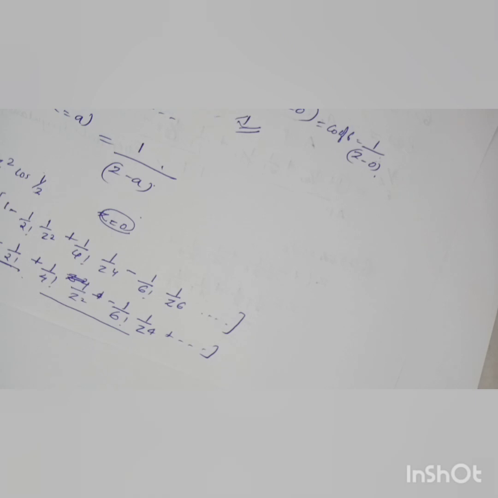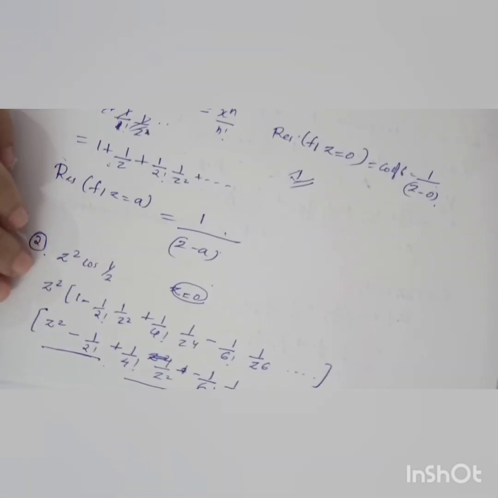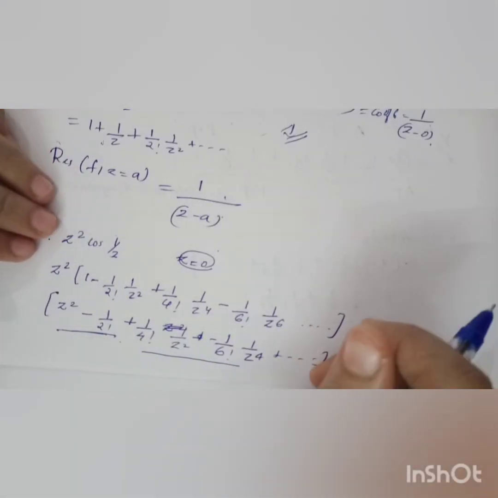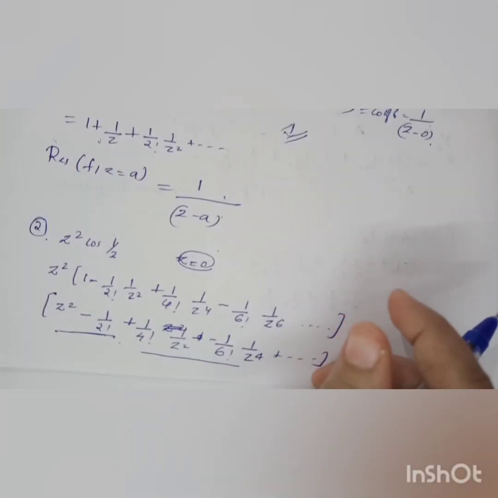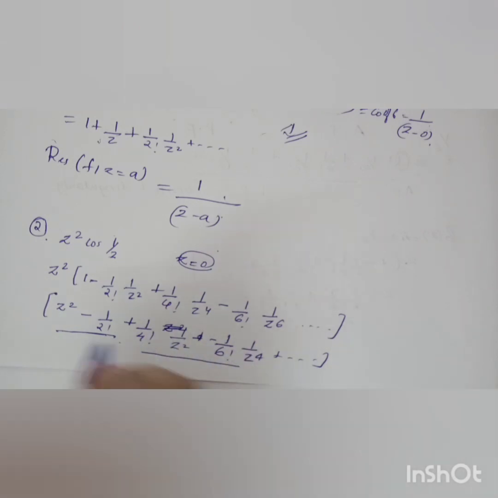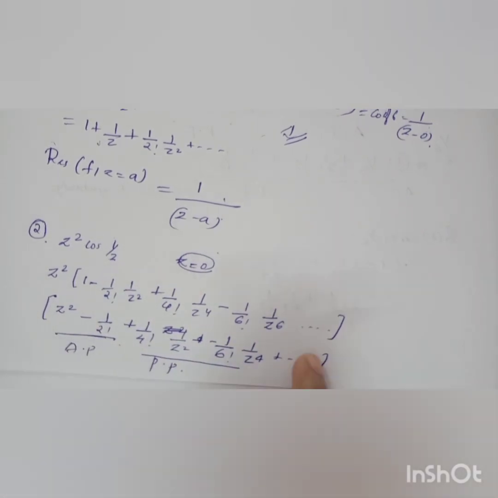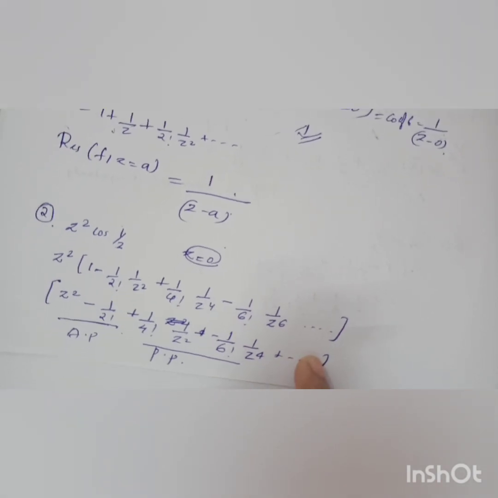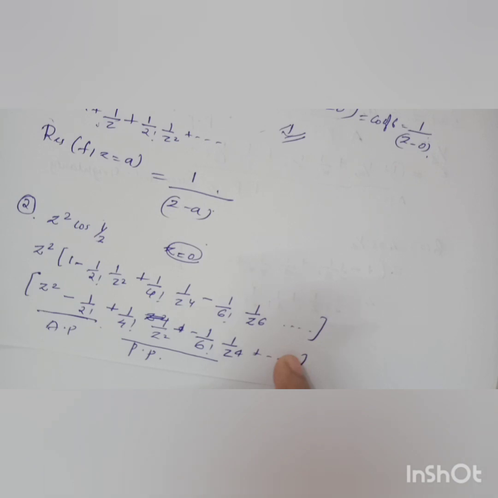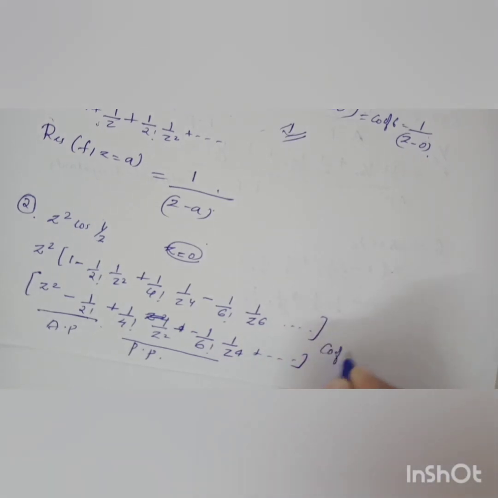To find the residue at z is equal to 0, you have to find the coefficient of 1 by z minus a.